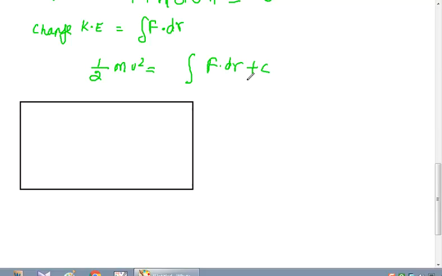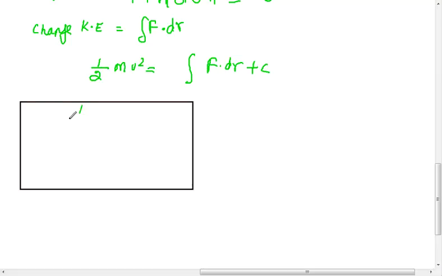So if I differentiate the velocity, I get 1 by 2 m, and because mass is constant, the differentiation of v square.